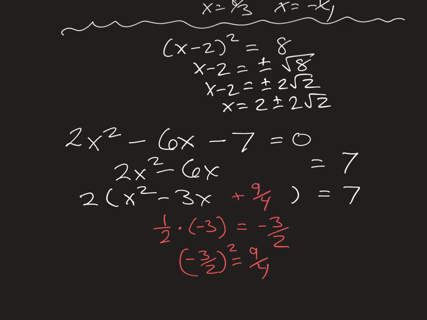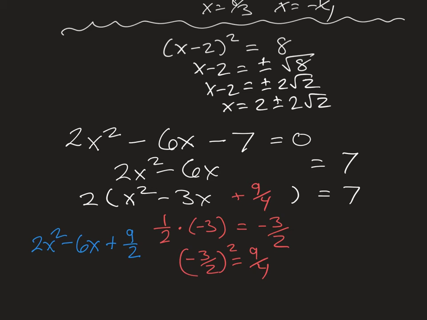Okay, so notice, though, when I added 9/4 in that parentheses, how have I really changed that left side? If I were to FOIL out the left side, I get 2x squared minus 6x plus 9/2. So even though I've added 9/4 in the parentheses, I've actually only changed that side by 9/2.